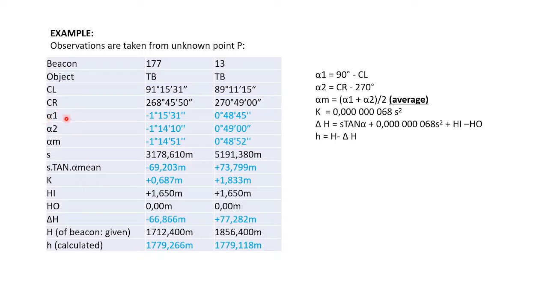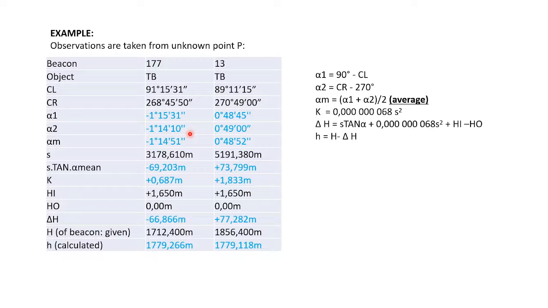To get our alpha 1, we say 90 degrees minus circle left. So 90 degrees minus circle left gives us negative 1 degree, 15, and 31. On this side, we have 90 minus 89, 11, 15, and it gives us 0, 48, 45. So this is our 90 degrees minus circle left.